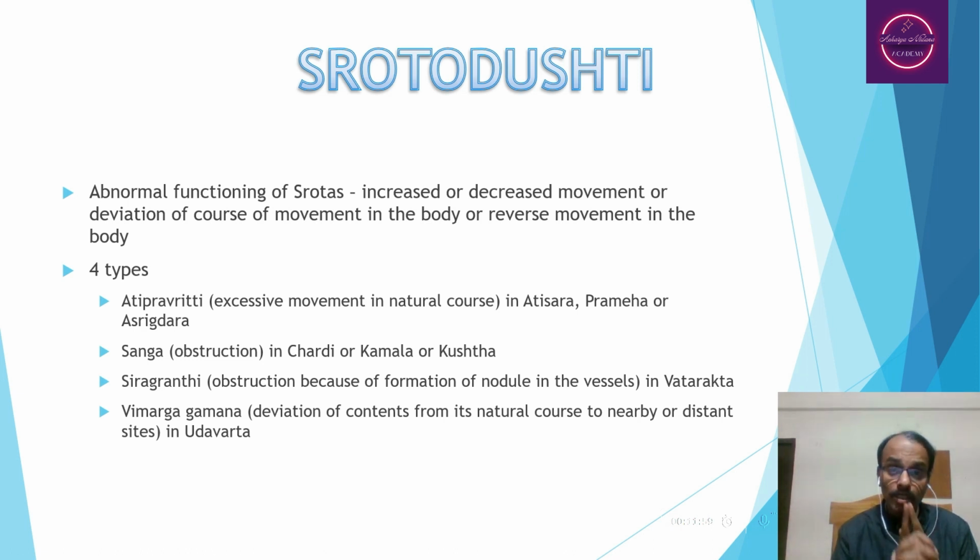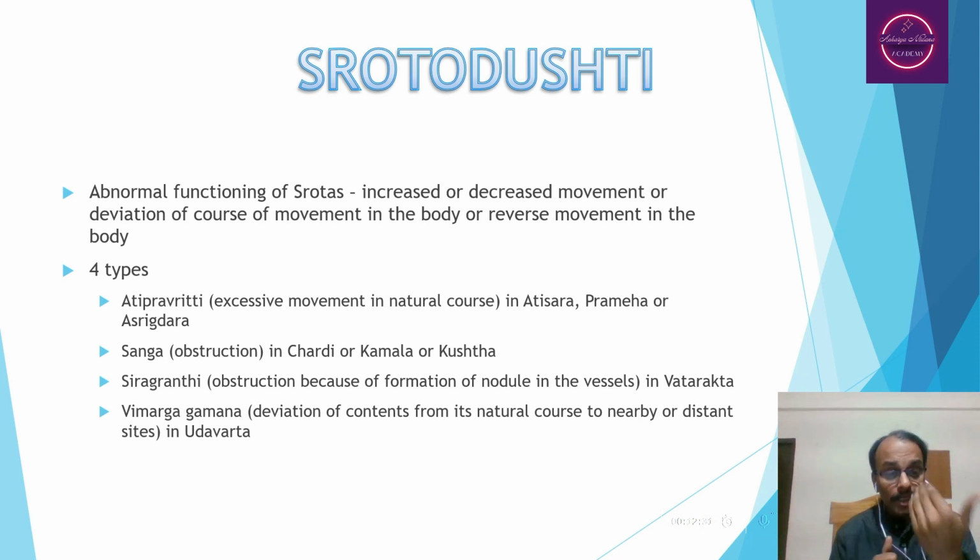In the case of urine moving from the kidney to the urethra, if there is increased movement of urine and the frequency of micturition is increased, then it is Atipravritti. Whereas the menstrual blood moves from the uterus to the exterior through the vagina, which is the natural course. If it is increased, then it is considered Atipravritti.